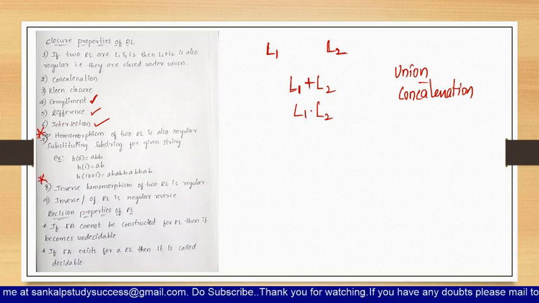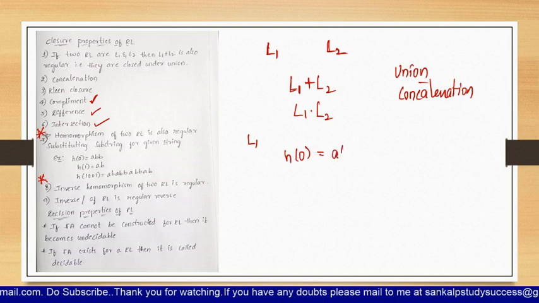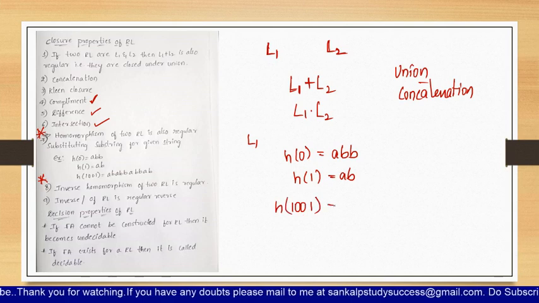So let us know what homomorphism is. L1 is a regular language, and the homomorphism of a regular language is also a regular language. That means you have a string. Let us say h of 0 is equal to ABB and h of 1 is equal to AB. If you take h of 1001, you are going to substitute 1 as AB and 0 as ABB. This substitution till the end of the string is nothing but homomorphism.